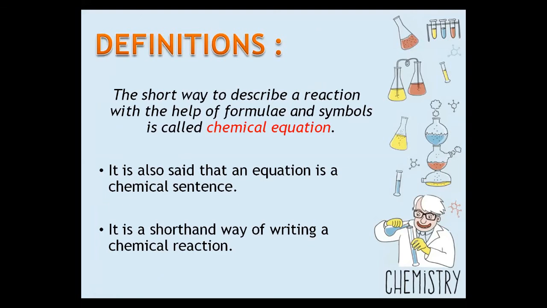Now the definition of chemical equation. It is the short way to describe a reaction with the help of formulae and symbols is called chemical equation. The short way to describe a reaction with the help of formulae and symbols is called chemical equation.